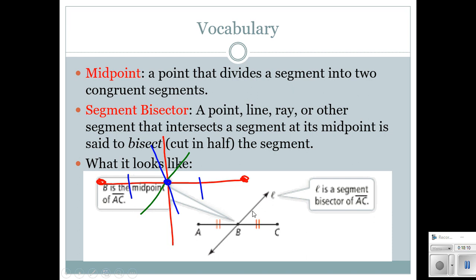So the line that goes through the midpoint and cuts line segment AC into two congruent segments, AB and BC, we call this line a segment bisector. And it has to go through the midpoint, which is half of line segment AC, okay? So this B is the midpoint. This line L is the segment bisector, okay?